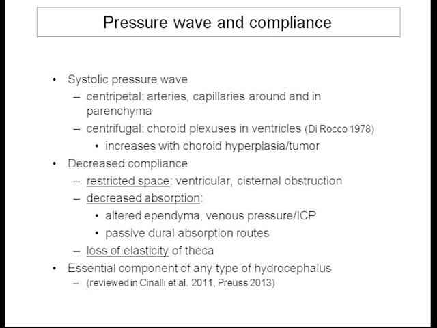And the loss of elasticity of the theca is assumed to be the explanation for NPH. I'm not going to talk much about NPH because I have not seen an adult for the last 10 years. In any case, it is not accepted by the neurosurgeons that the loss of compliance is the main feature of any type of hydrocephalus. It's not the obstruction by itself, it is because the obstruction leads to a loss of compliance.